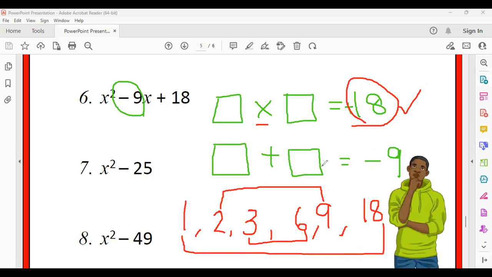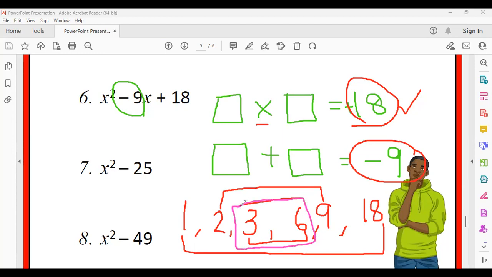Okay, but which number plus which number can end up with negative 9? So if I wanted 9, 2 plus 9 is going to give me 11. 9 minus 2 is going to give me 7. 18 and 1 also won't get me to 9. But 3 plus 6 will get me to 9.